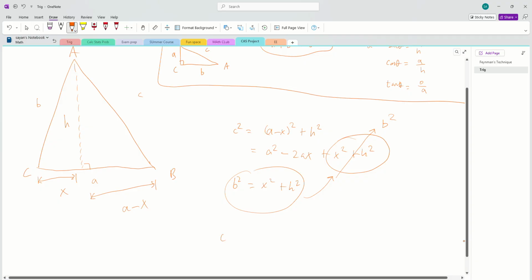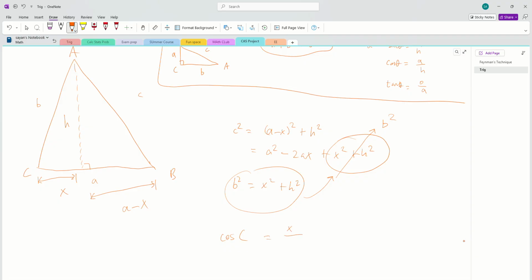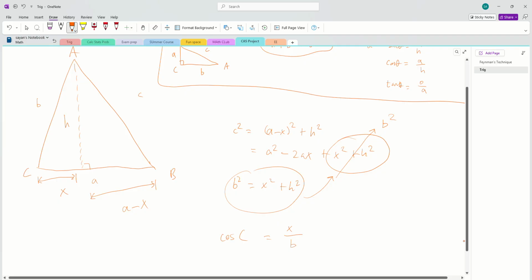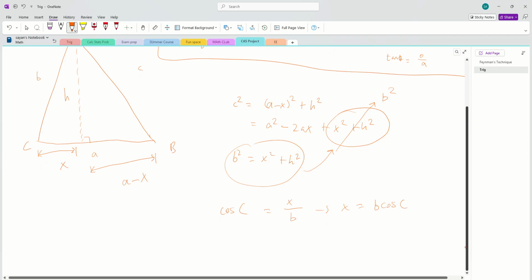If we take cosine of this angle, that's going to be equal to adjacent over the hypotenuse, b. In other words, x is equal to b cosine C. And in that case, we can take what we had here and substitute that in. So we have c squared is equal to a squared plus b squared minus 2ab cosine C.